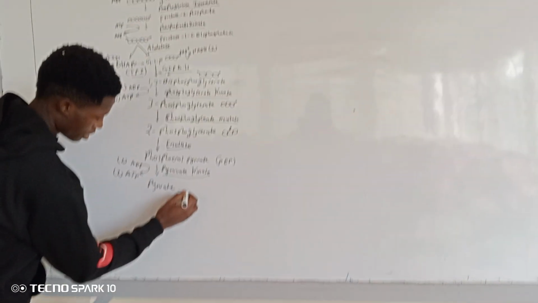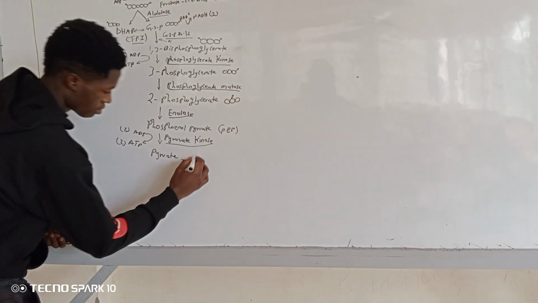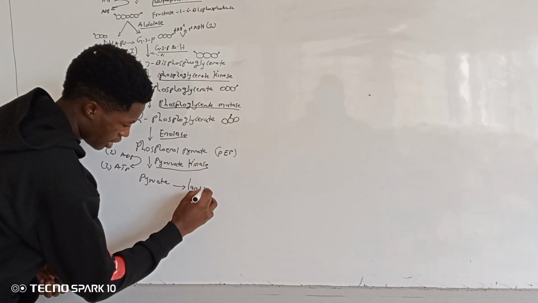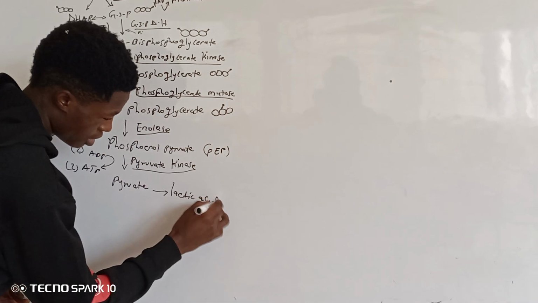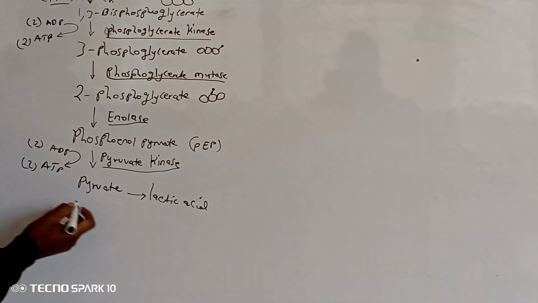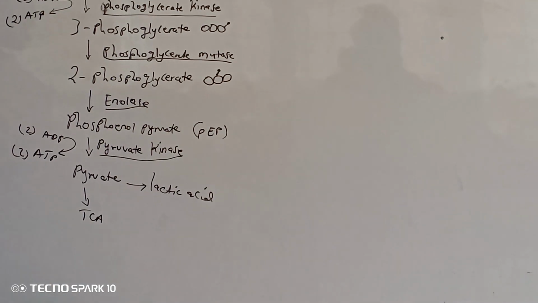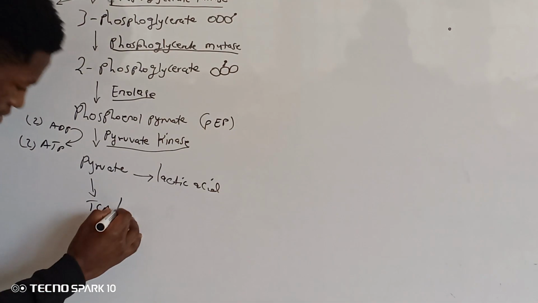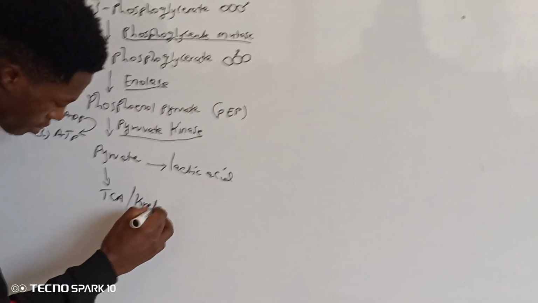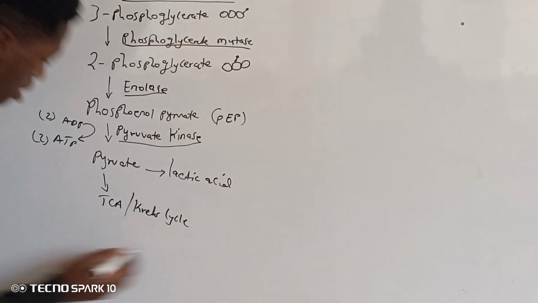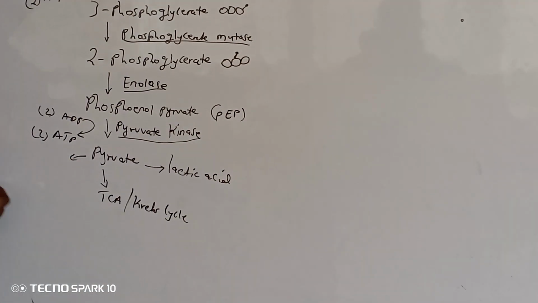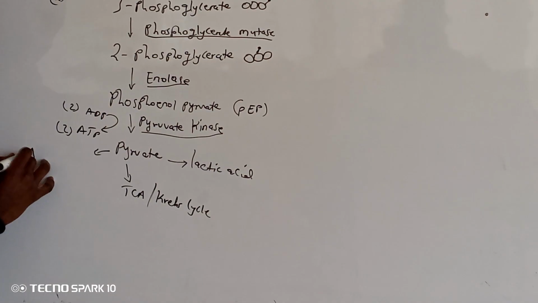For example, it can go to the lactic acid pathway or lactate. You can move to TCA or the tricarboxylic acid cycle, also called the Krebs cycle. It can also move to alcoholic fermentation.